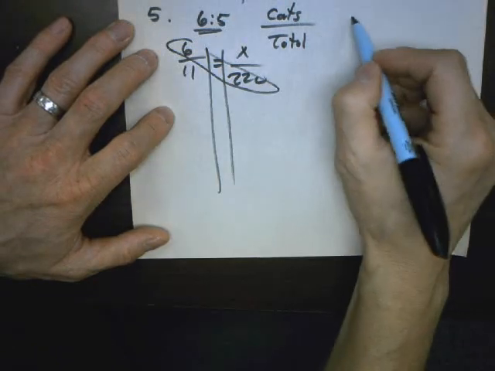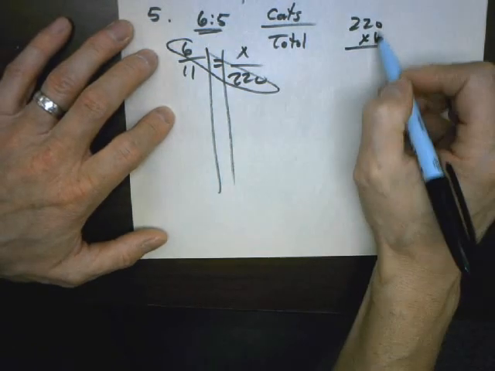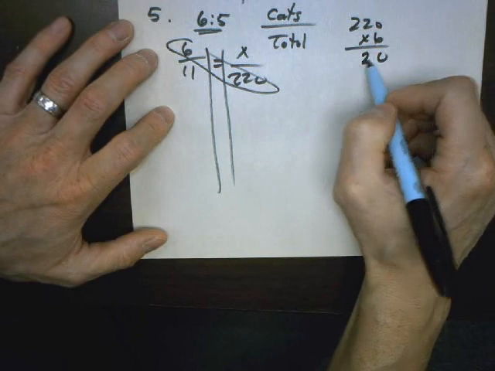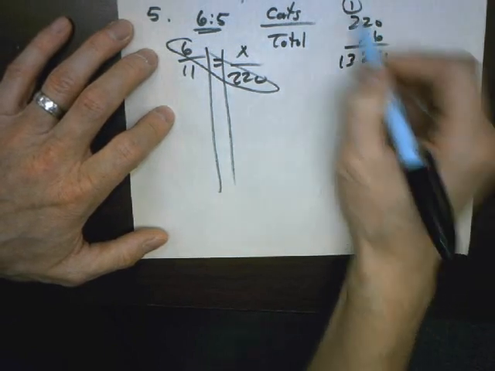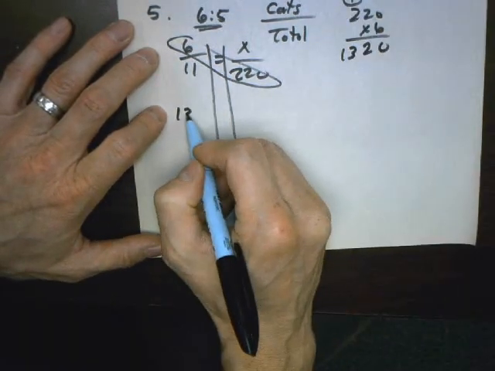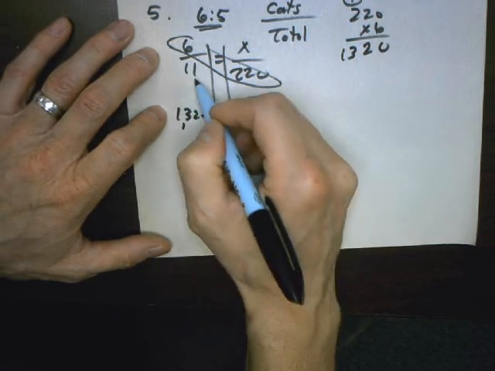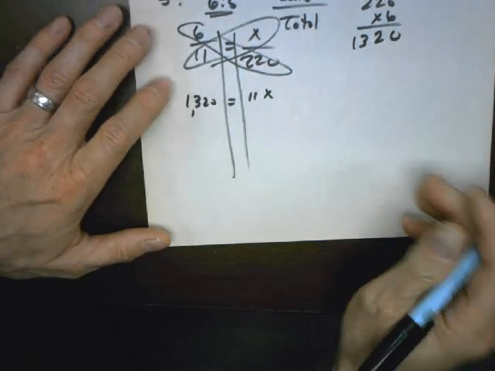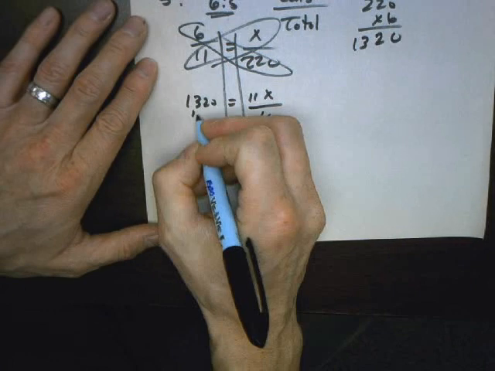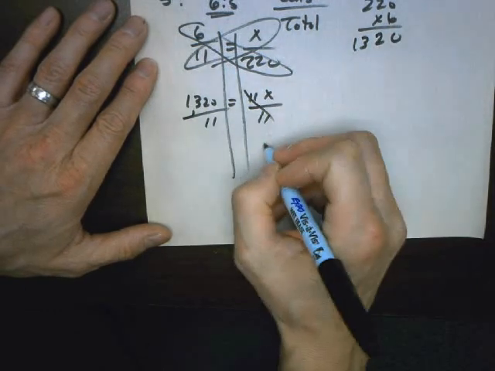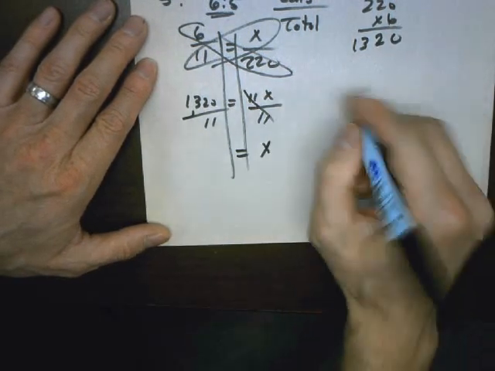And I multiply these two, I go 220 times 6, 6 times 0 is 0, 6 times 2 is 12, carry my 1, add the 1 this time, I get 1,320 equals 11 times x is 11x. Divide by the number in front of x, divide by that coefficient to get what x equals, or to get the answer.